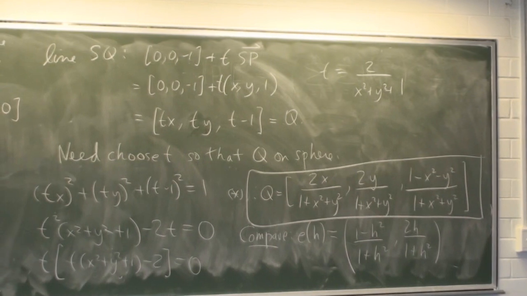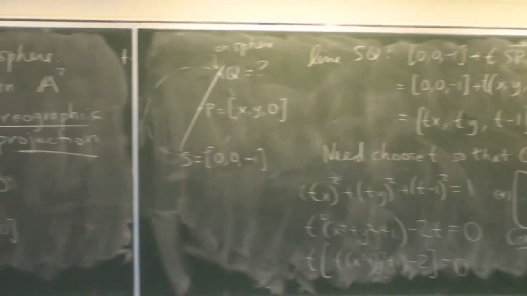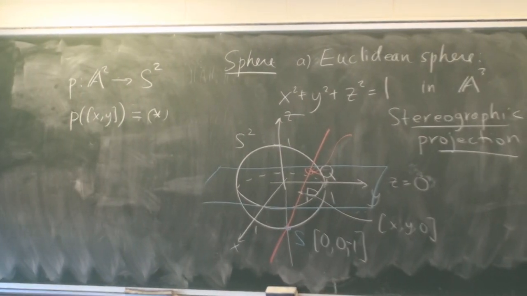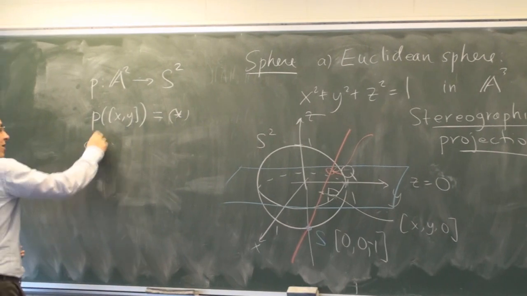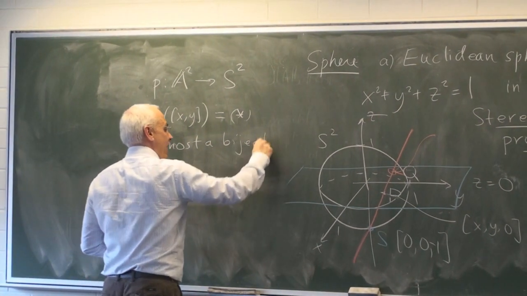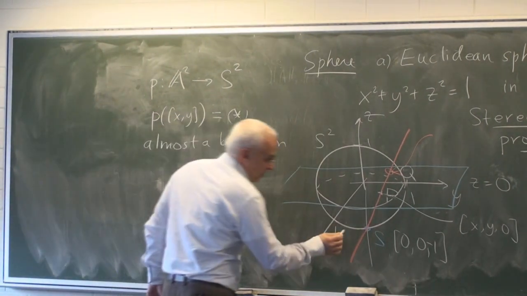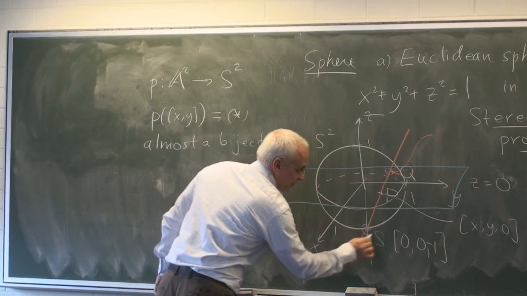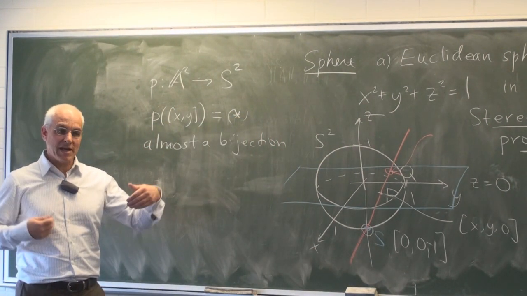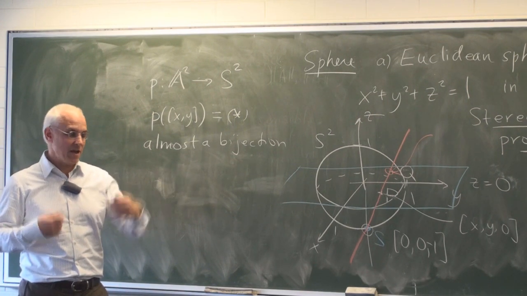So this is a map from the plane to the sphere. And it's almost a bijection. It's not quite a bijection because the point at the South Pole doesn't get mapped to any point on the plane, or is not the image of any point on the plane.